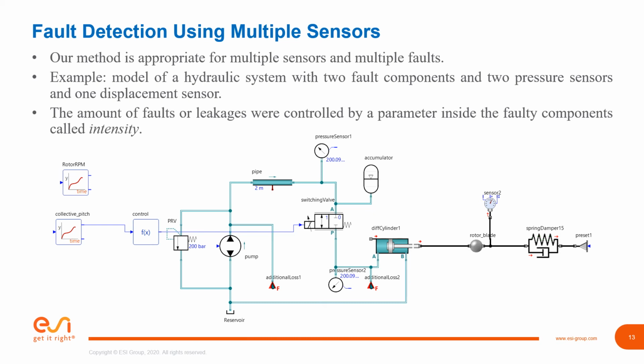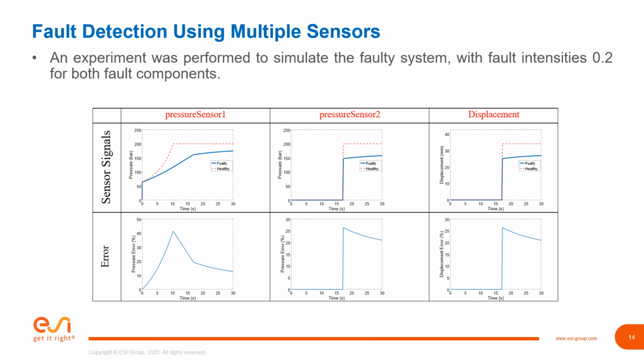So we change the intensity of the fault to 0.2, and by changing that we can see, between the healthy condition and the faulty condition, there is an error, a gap between them. So from that we can know that there is a fault.